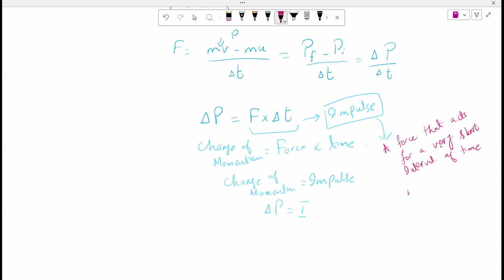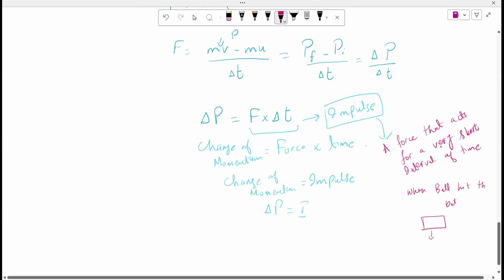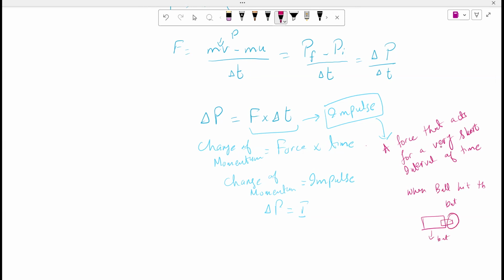For example, during cricket, when the ball hits the bat, at the moment it hits, the force that would be produced is known as impulse.